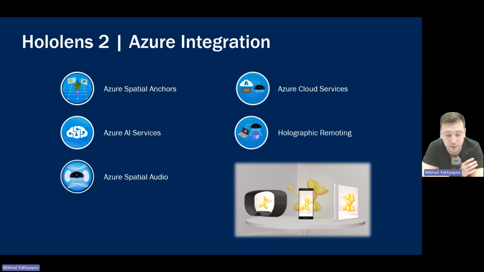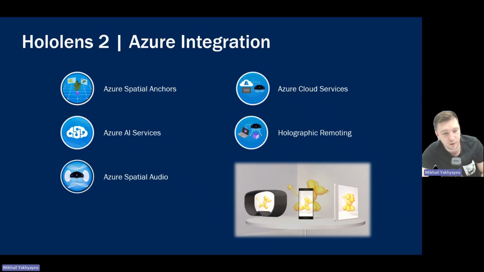So Azure Spatial Anchors basically allows you to render holograms remotely on a number of different devices. It also provides a software development kit for Android and iOS devices. There are Azure AI services that can help understand the speech of the user of the device.